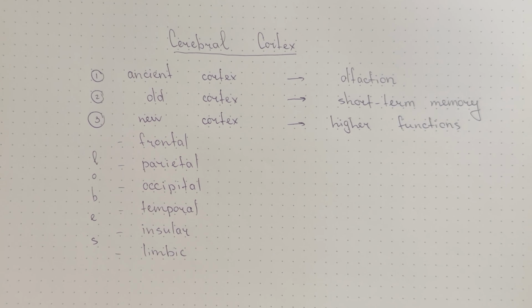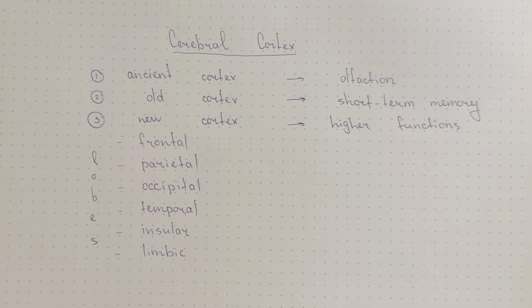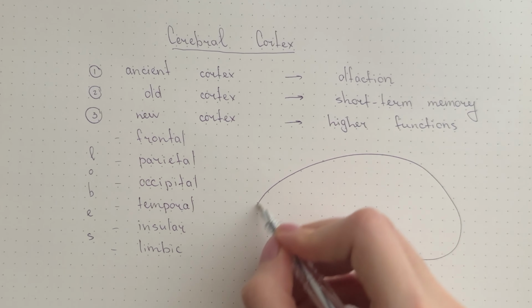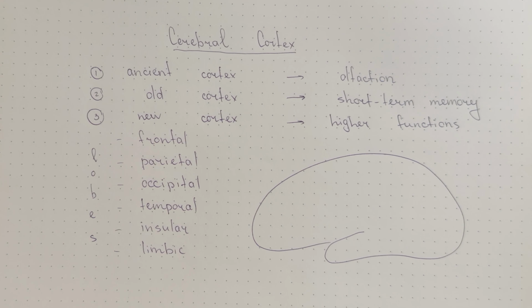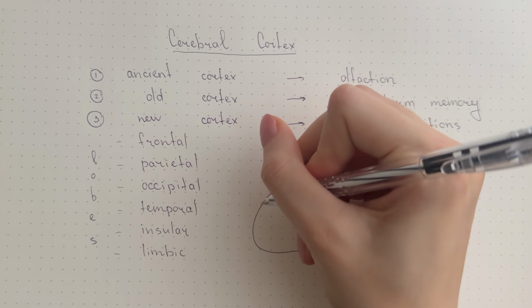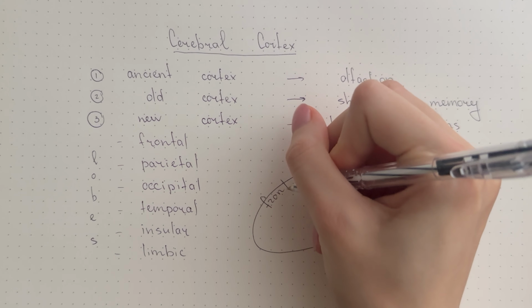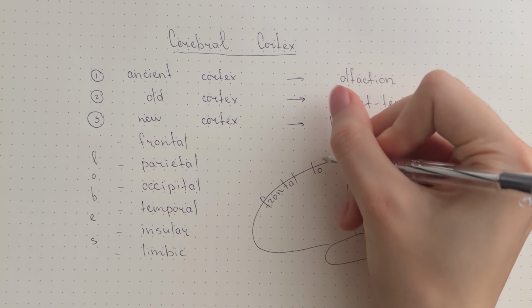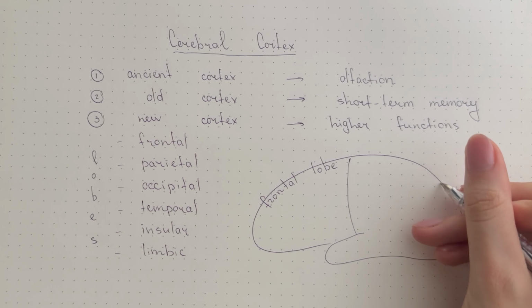If we look at this entire structure from the side, the frontal lobe is located at the front. Its boundary is the central sulcus, behind which lies the parietal region.